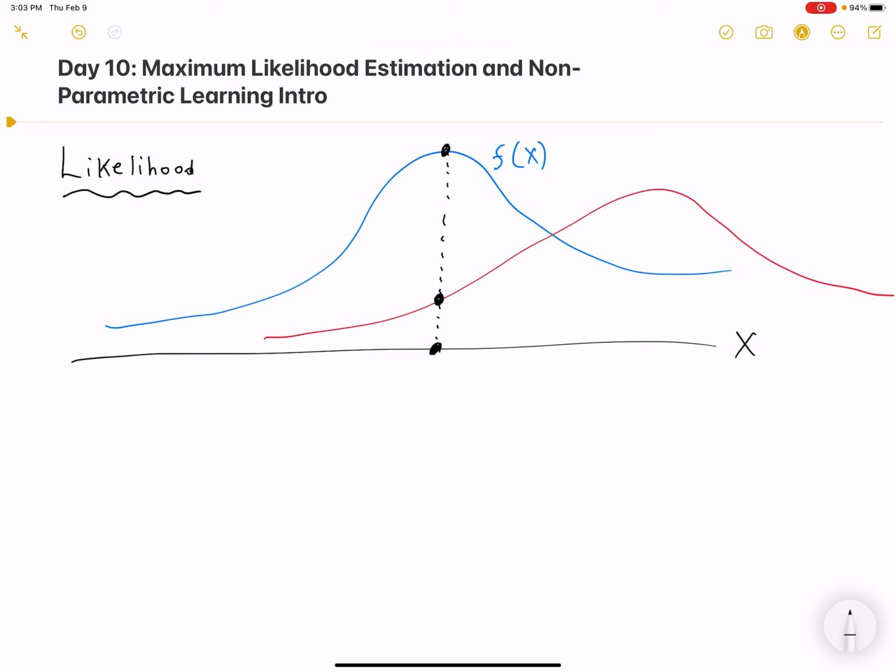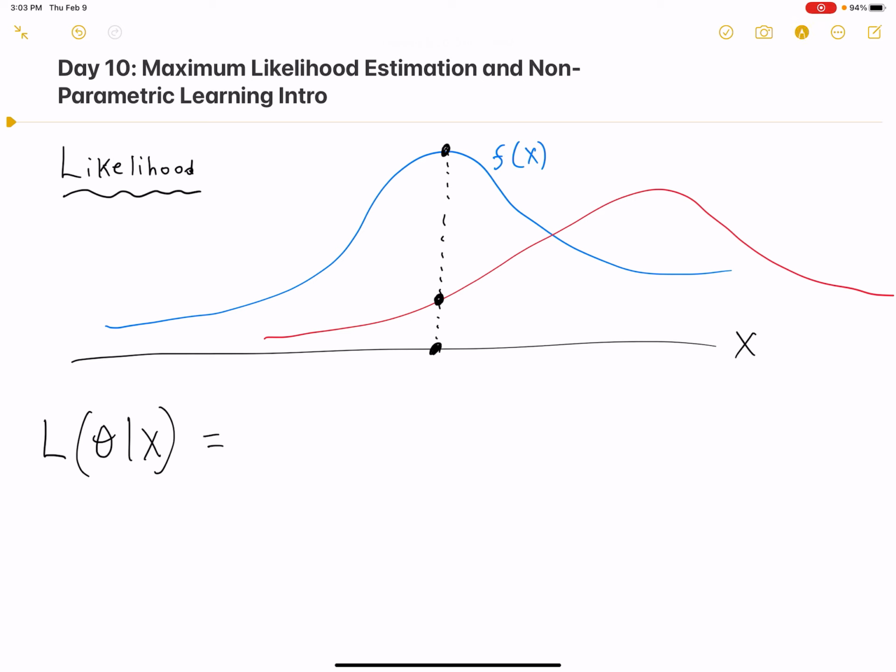And then, using that intuition, we came up with an equation for the likelihood of any model's parameters given the data, where X here is the collection of data.